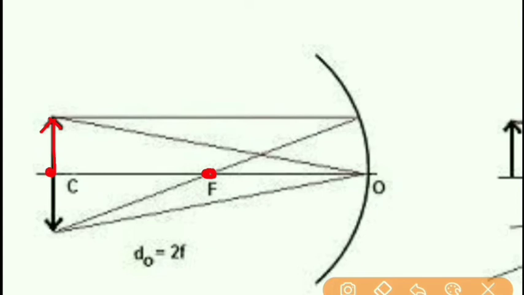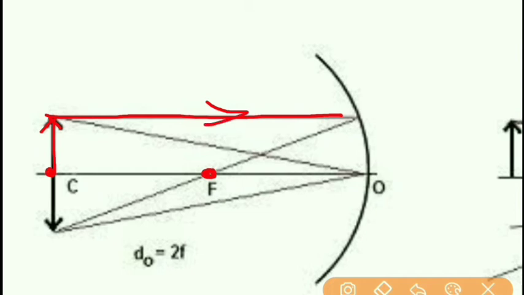When the object is brought closer, the image moved from the focus in this direction and formed here when the object was beyond C. But now the object is on C. So in that case, we will first take a ray which is parallel to the principal axis.